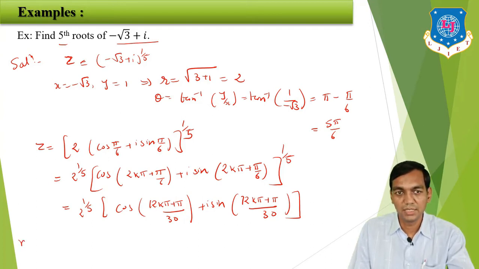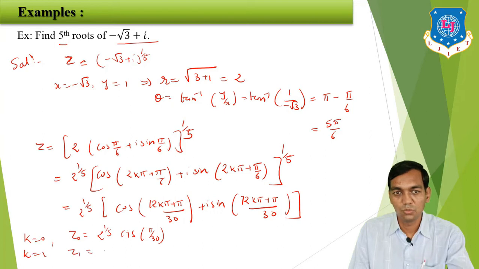So if you put k equal to 0, that will give you z0 equal to 2 raised to 1 by 5 cos pi by 6 plus i sin pi by 6, or in short form, cis pi by 6. In the same manner, put k equal to 1, so z1 is going to be 2 raised to 1 by 5 into cis 17 pi by 30.